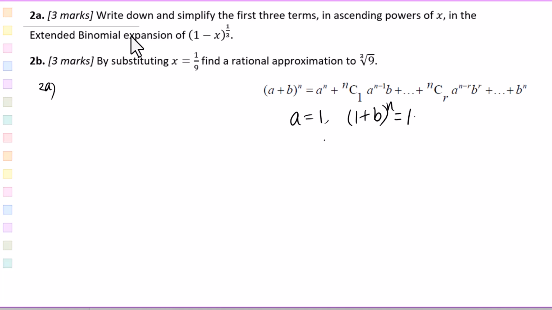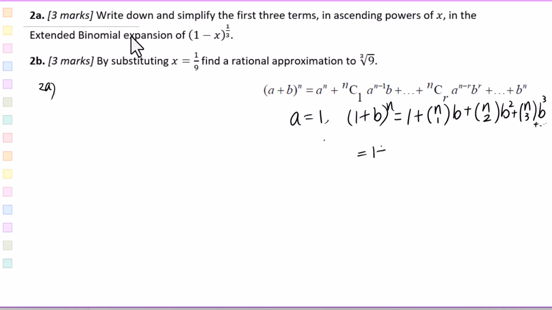So we get 1 plus n choose 1 times b plus n choose 2 times b squared plus n choose 3 times b to the third power, and so on.